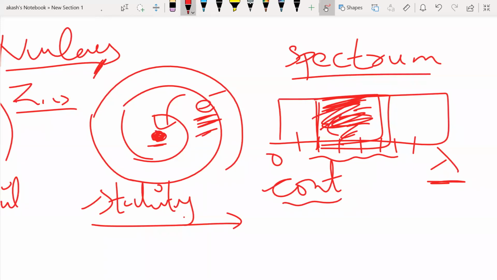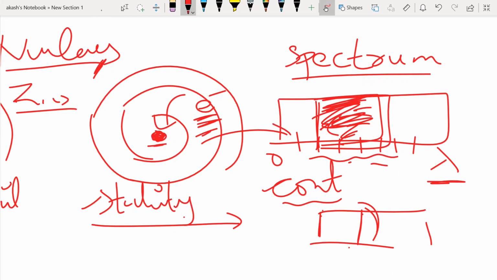According to his model I should be getting a continuous spectrum, but when other scientists performed the experiment, they got a line spectrum, something like this, only one particular wavelength. So again, that was a problem.